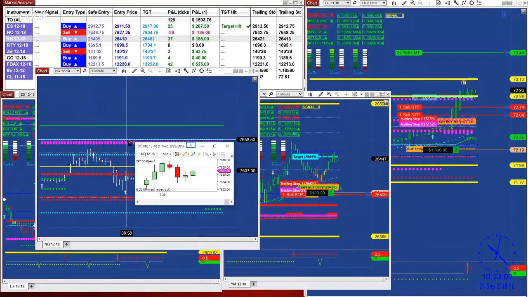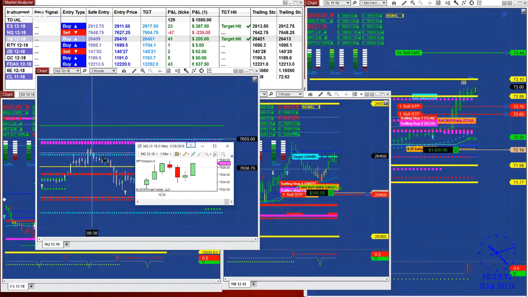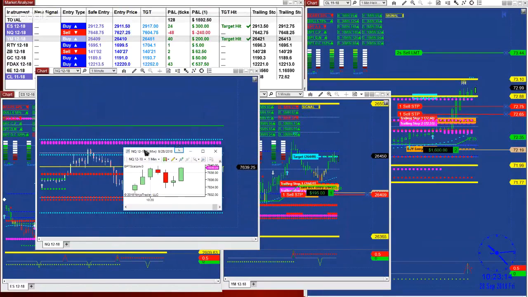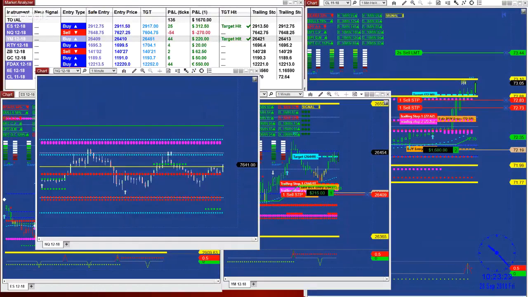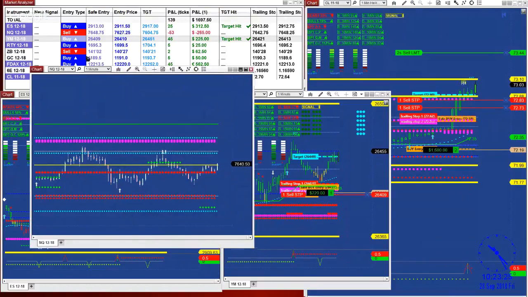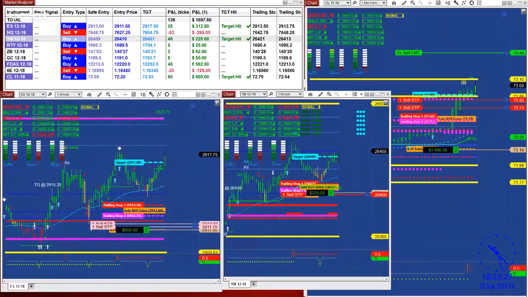No, they are the same numbers. They are the same number. Have you noticed the NT7 is one tick faster? I don't know. I don't want to even think about it. Okay.